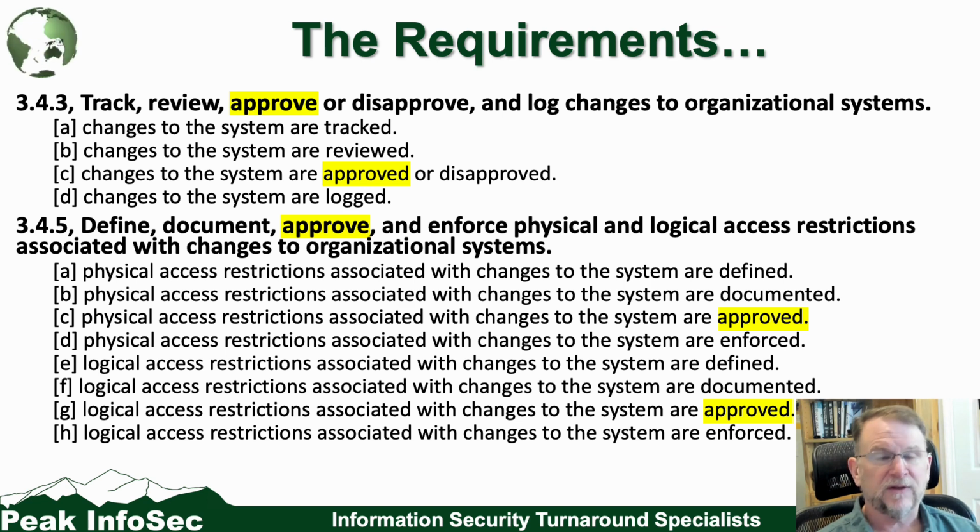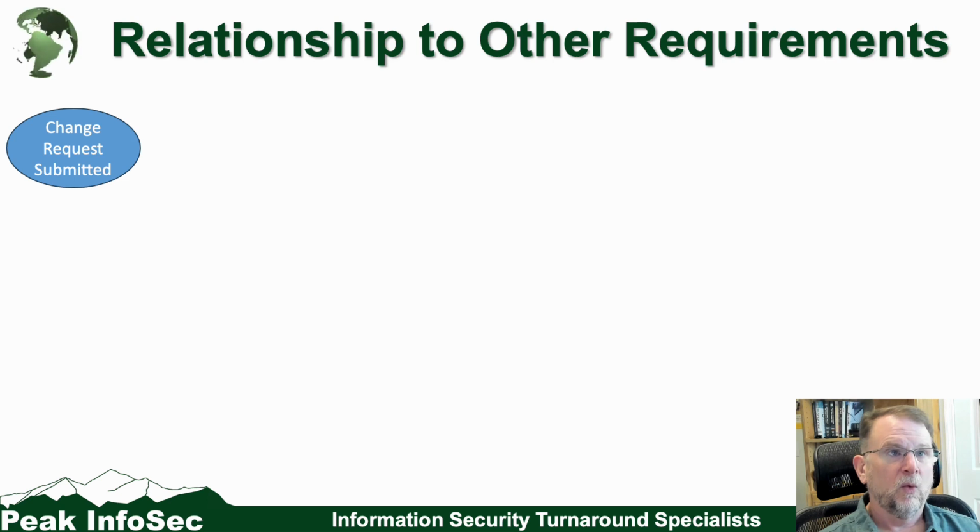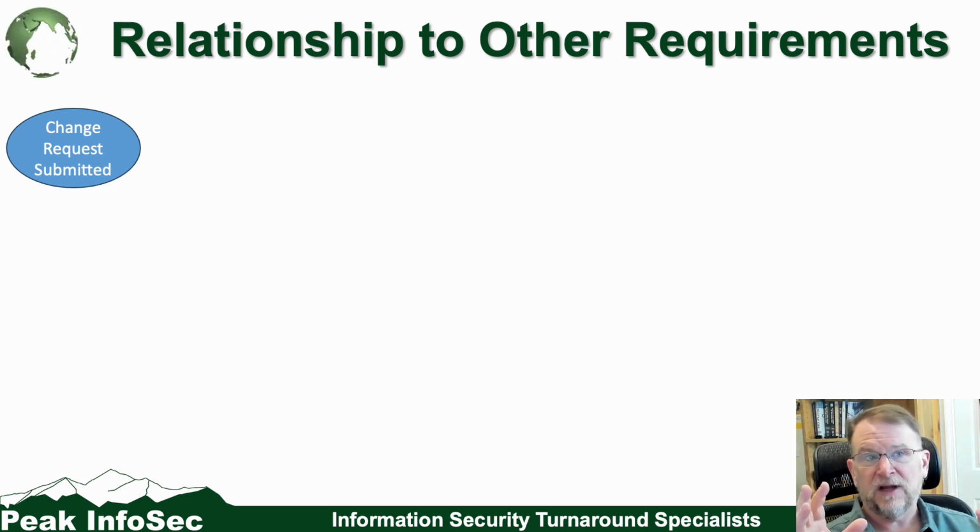We are looking for things to be approved. Now, when it comes to that relationship to other requirements, as you notice, both of those were configuration management related. So everything really does kind of flow and go through the other configuration management requirements as you're managing the rest of the 110 CMMC requirements and NIST 800-171 requirements.